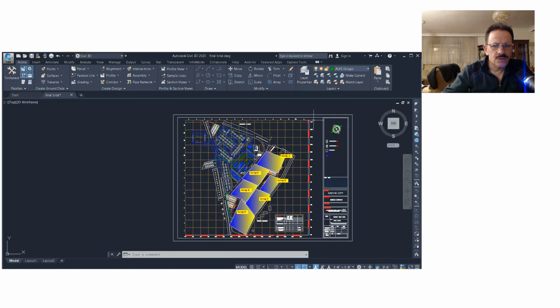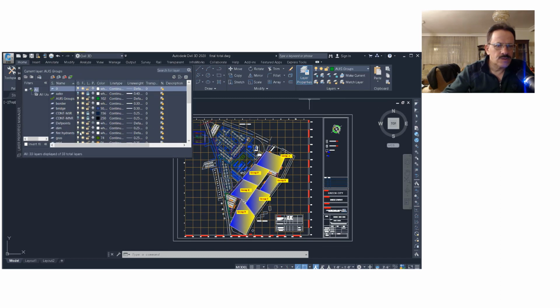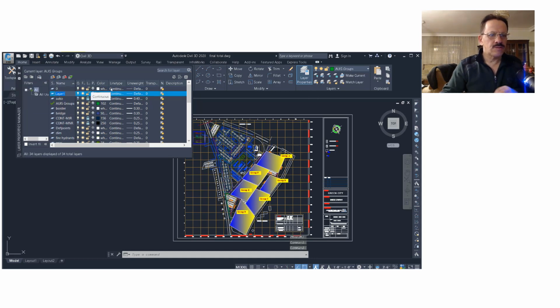I should go to the layer properties, and you can see the current layer is AOIS. Now I want you to make a new layer. Here's the new layer. I will say, for example, my zone is zone D. Zone D, water.